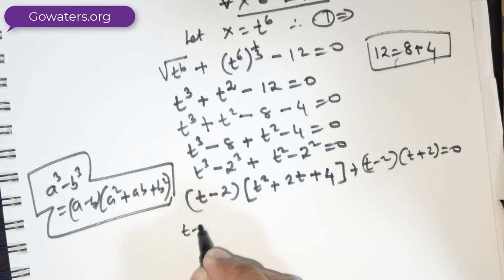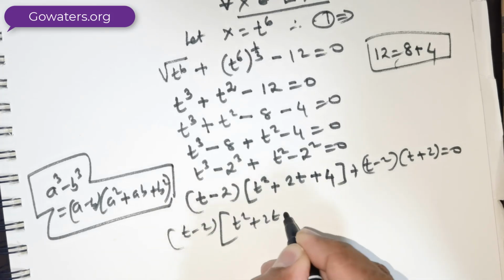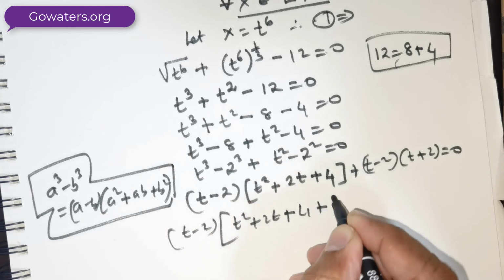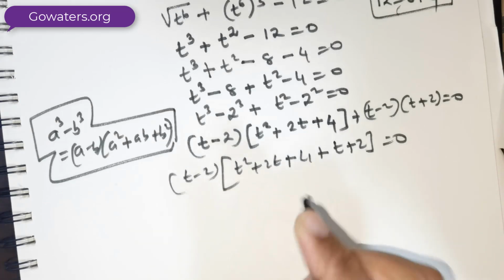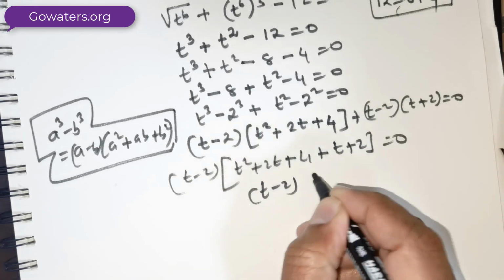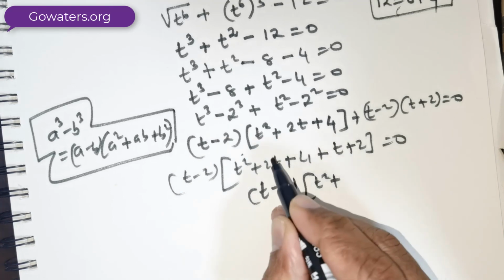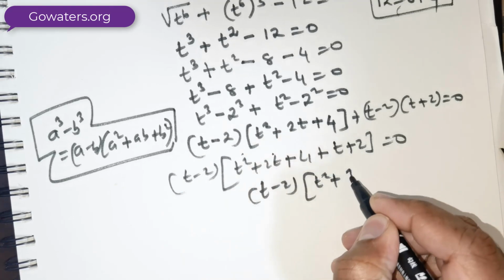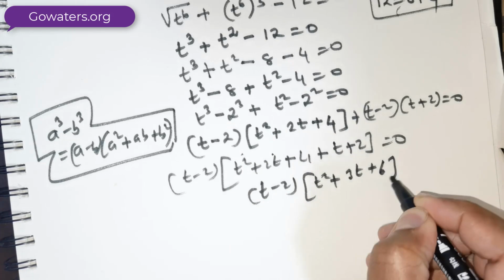Now from here I can take t minus 2 out. This would give me t squared plus 2t plus 4 plus t plus 2 is equal to 0. This is going to be t minus 2 times t squared plus 2t plus t, that's 3t, 4 plus 2 is going to be 6, is equal to 0.